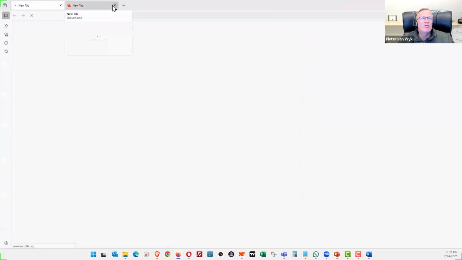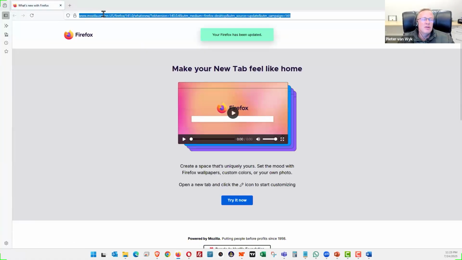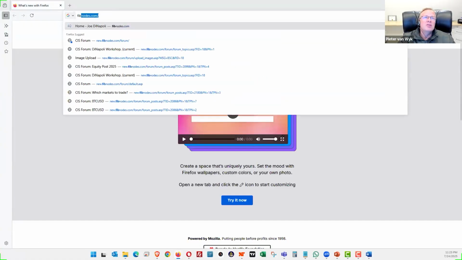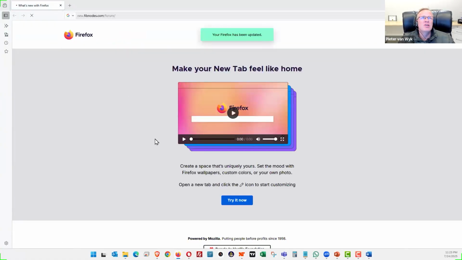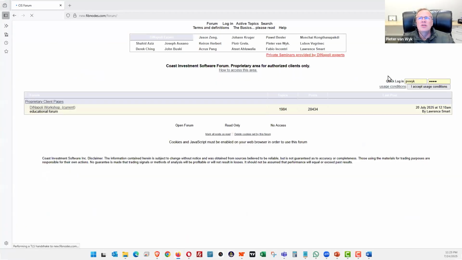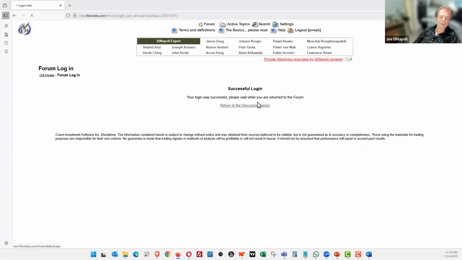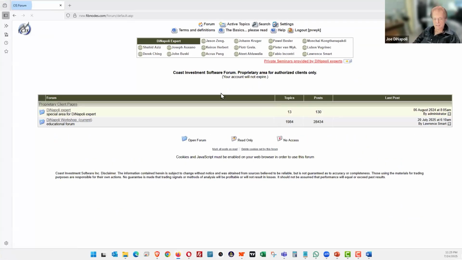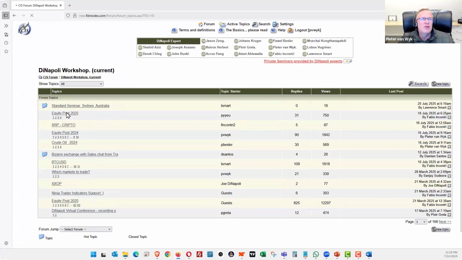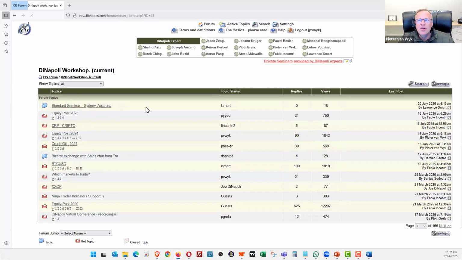Well, that's maybe a good way to show the forums as well, just so people can see what's in there. So there's the forum. There are posts, 30 to 40 years' worth of postings. Can you believe it? I see Lawrence did a post. There's a seminar in Sydney. Look at that. You can go and attend a seminar in Sydney. That'll be nice. That's in September, I believe.